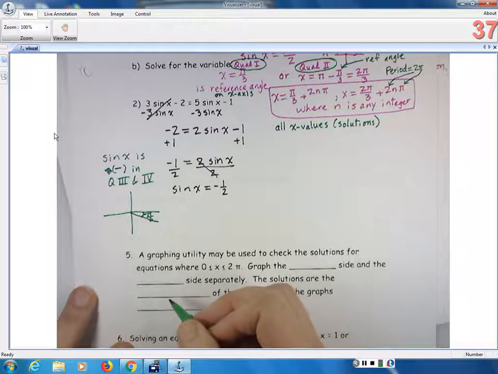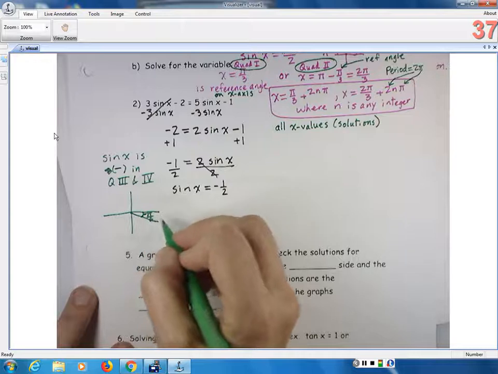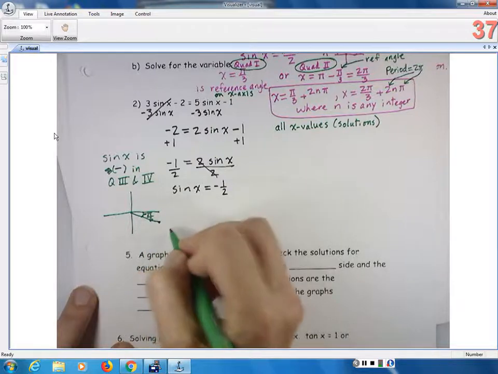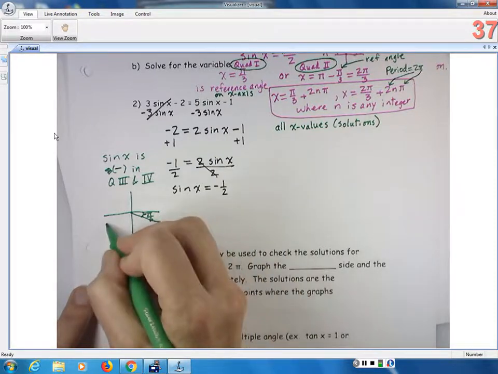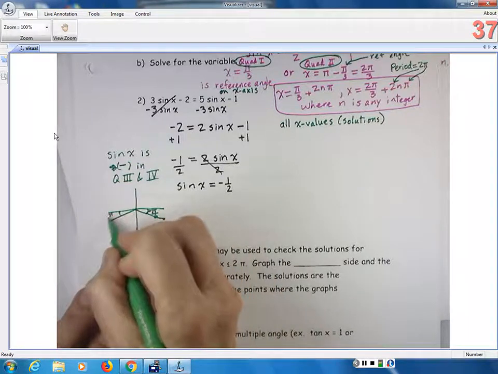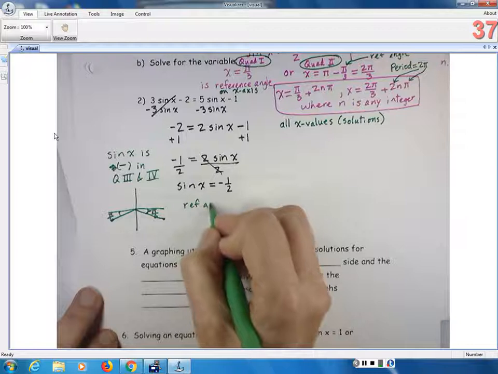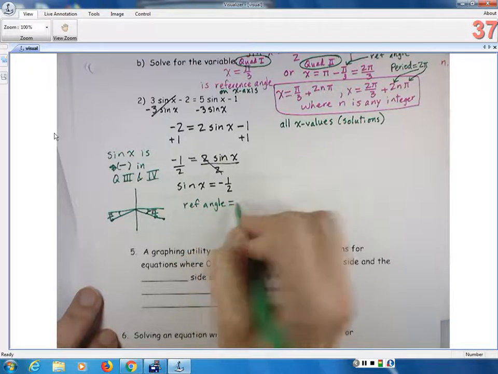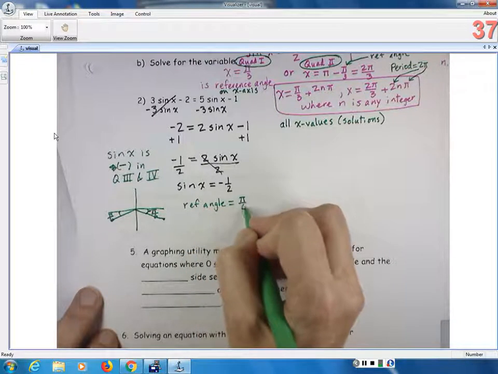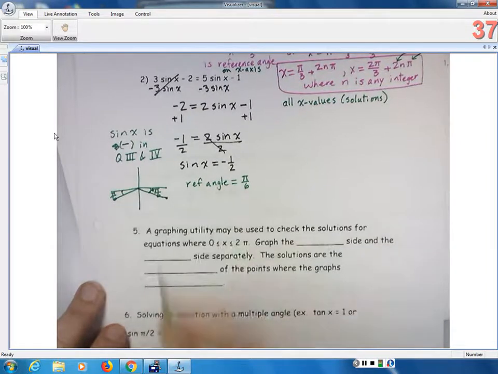This is going to be true here, and it's going to be true over here. The reference angle is positive pi over 6. Those are my reference angles.